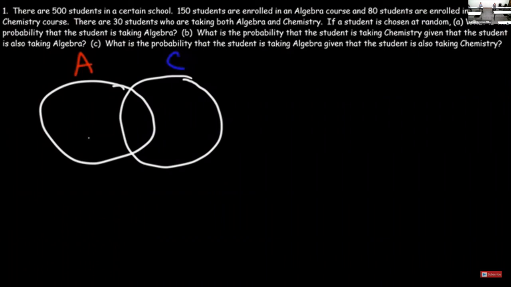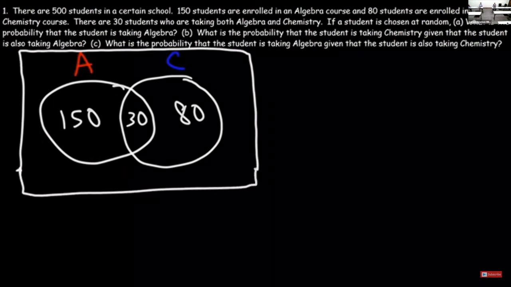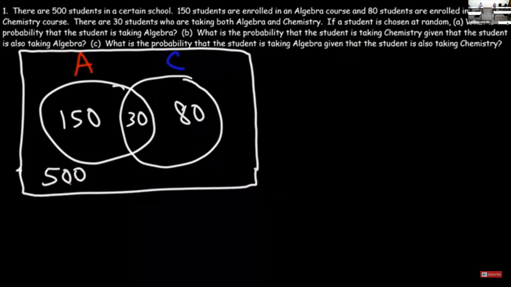So there's 150 students taking algebra, and there's 80 students taking chemistry. There's 30 taking both. And in this school, there's a total of 500 students. So what is the probability that the student is taking algebra?